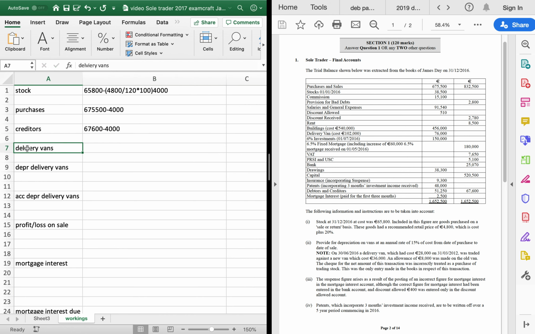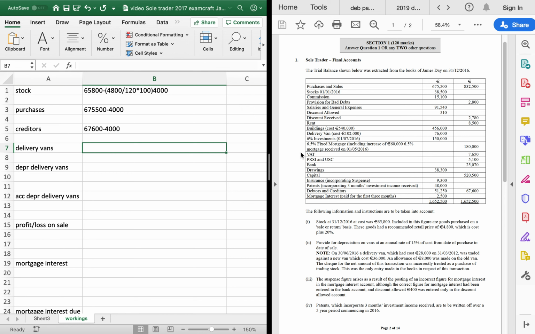So working two is our normal depreciation working. We're told provide for depreciation on an annual rate of 15% of cost from date of purchase to date of sale. Note, on the 30th of the 6th, 2016, a delivery van which cost 28,000 was traded in against the new van costing 36,000. So we go to our delivery vans.